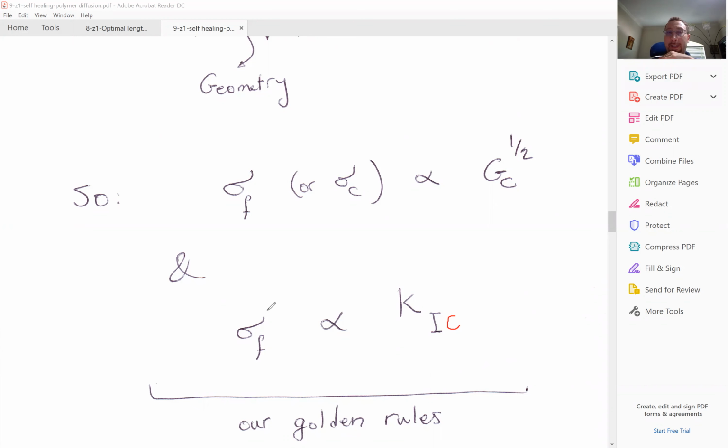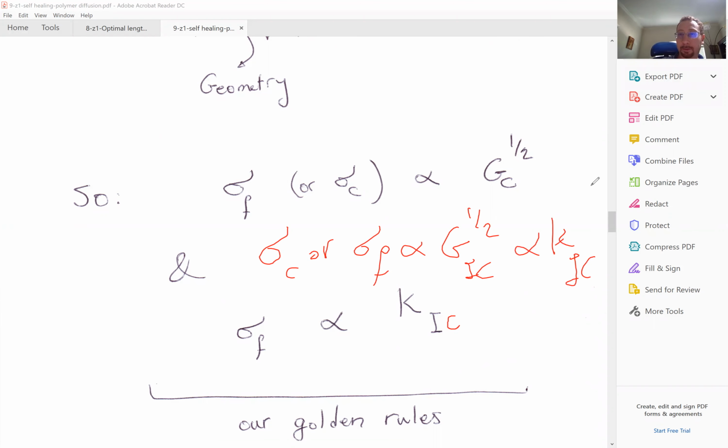So basically I can rewrite these equations, and I can say sigma C or sigma F is proportional to G1C to the power of 1 over 2, which is proportional to K1C. Okay, these are the basic equations that we derive for this simple analysis of fracture mechanics.